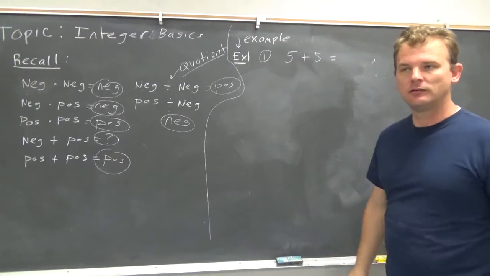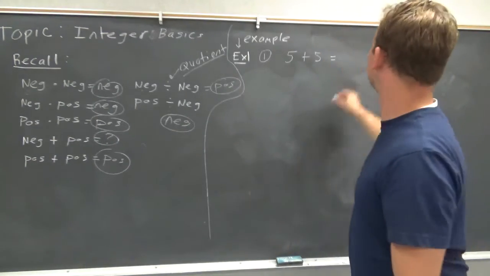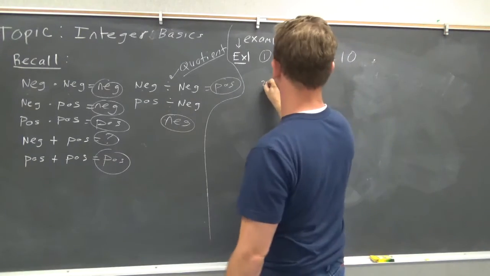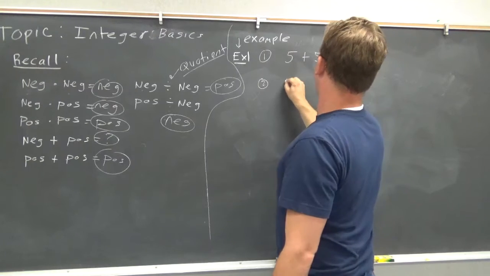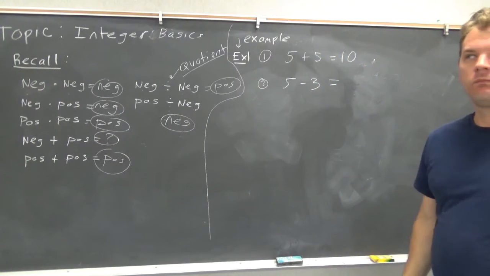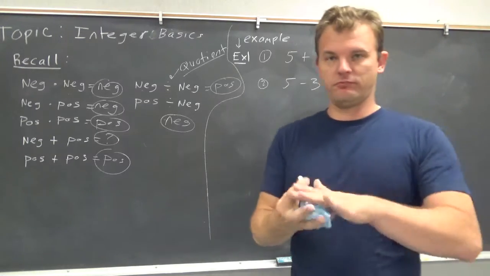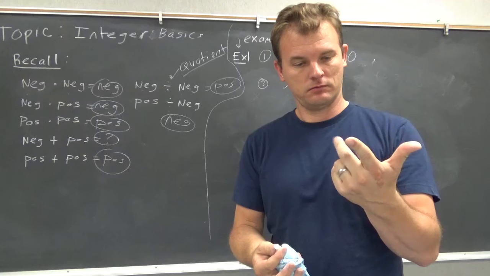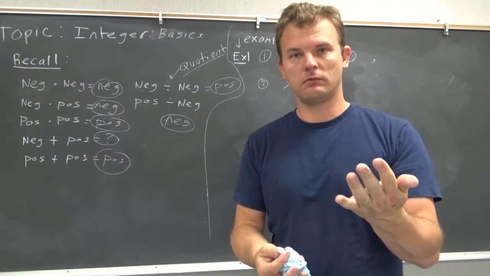Oh, that's easy, $10. Cool. 2: 5 minus 3. Now let's see, 5 minus 3 is 2.